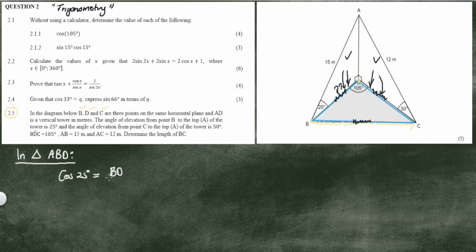The adjacent is BD, the hypotenuse is 15. Cross multiplying, BD is equal to 15 multiplied by cos 25 degrees, which is 13.59 meters.